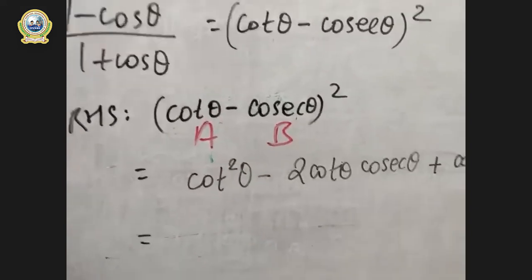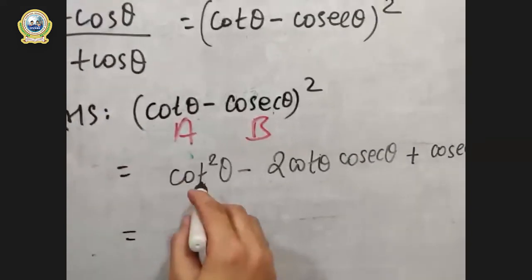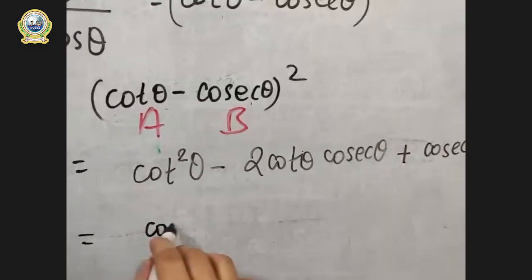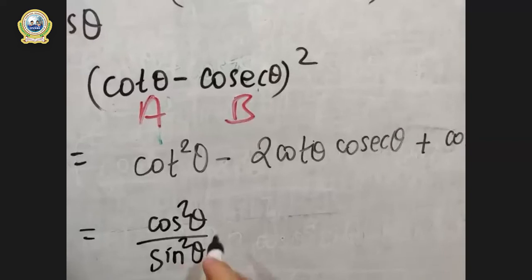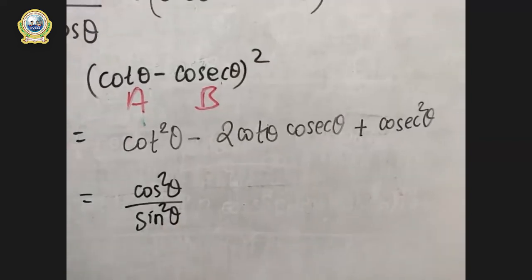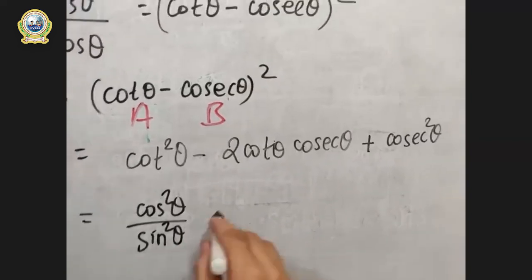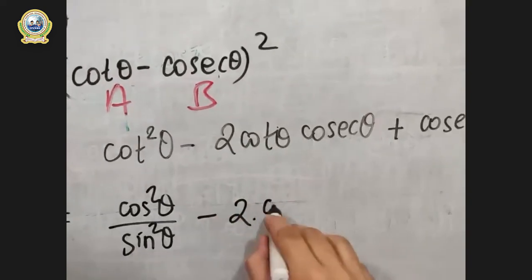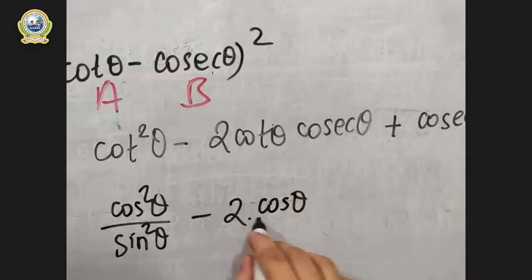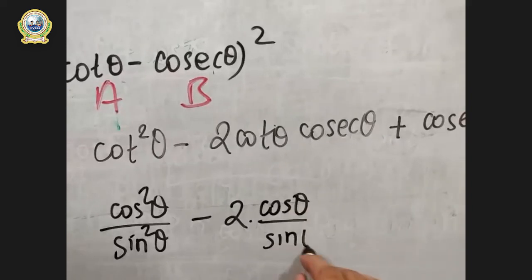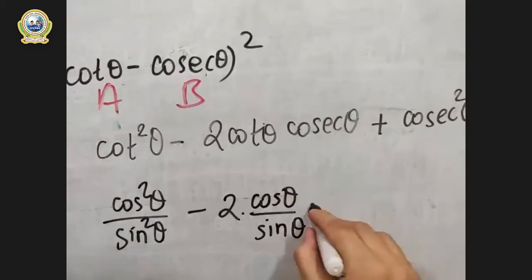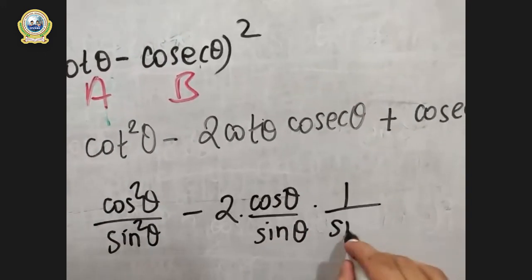In the next part, look here, cot square can be written as cos square theta by sin square theta, right? And this 2 is as it is. And this cot theta can be written as cos theta by sin theta. And cosec theta can be written as 1 by sin theta.